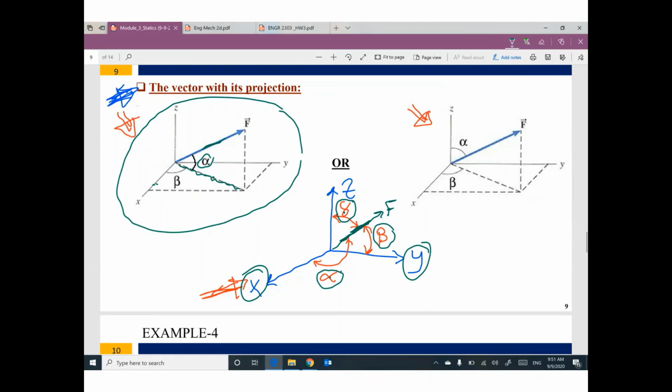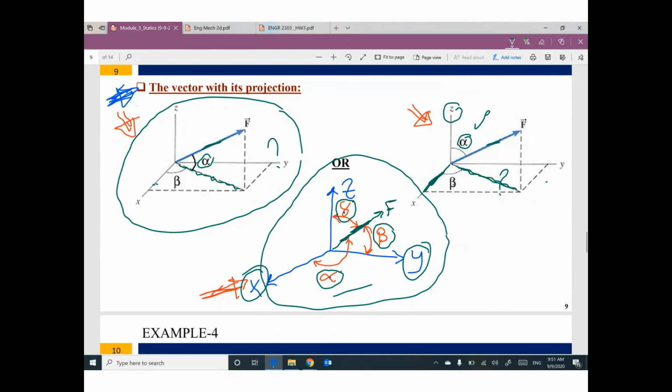In this case, we have alpha between the force and z. Perfect. This is good. But the second angle beta between the x-axis and the something here. Oh, so this one and this one are completely different than this one. One more time. This one, you have a force and you have 3 angles.